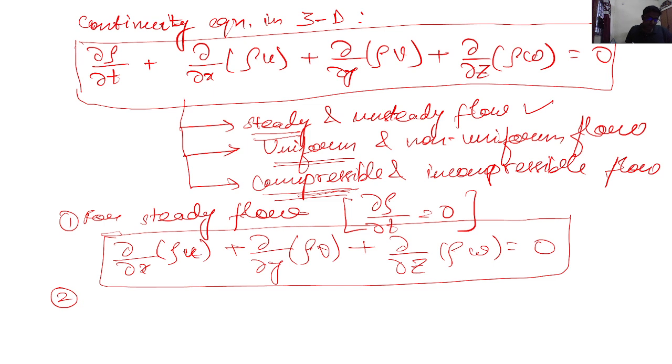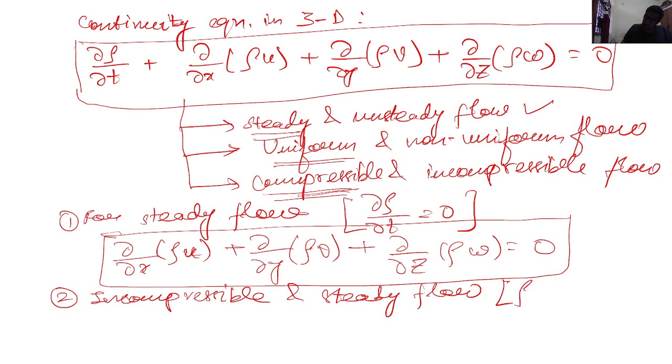Let us take another condition. What happens for incompressible and steady flows? For incompressible flow, rho will be equal to a constant. The density will not change. So we can take rho out of this expression.